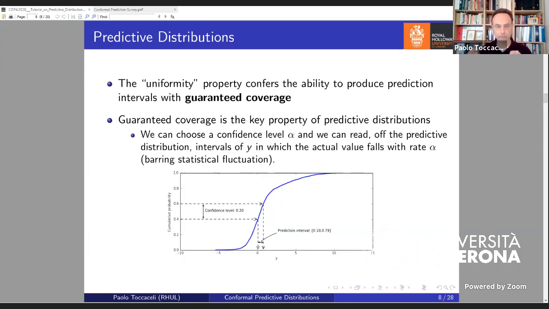This is the meaning of guaranteed coverage. It is sort of the operational meaning, if you will, of guaranteed coverage. And given that I have this, I can now talk about intervals. I can take an interval like I'm showing here with width 0.2, and this identifies an interval of y values that has the property of coverage that I was mentioning before.